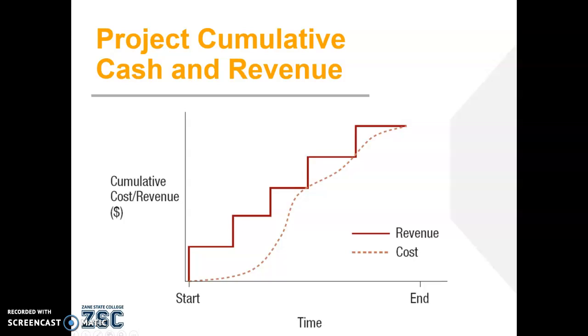And again, this is different for different projects. It could be based on certain project milestones. It could be monthly. It could be weekly. But what we need to make sure is that this stair-stepped revenue projection stays above our total cost. So it looks like we've got a couple points here where the costs might be slightly exceeding the revenue. That may or may not present an issue.